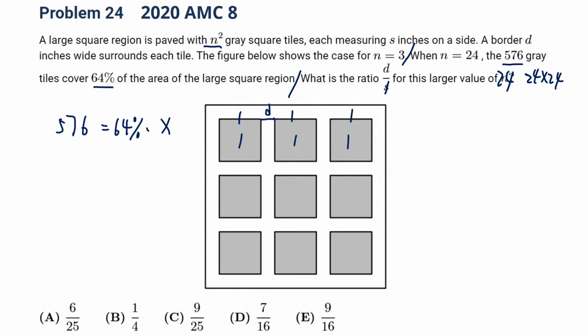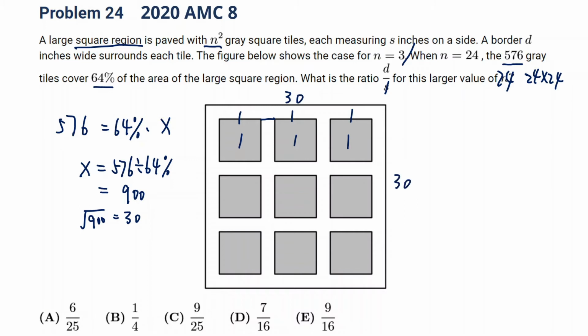So the first step, we can find that the large square region is 576 divided by 64%. This will be 900. So we do a square root of 900. We got 30. So first we find each side is 30.